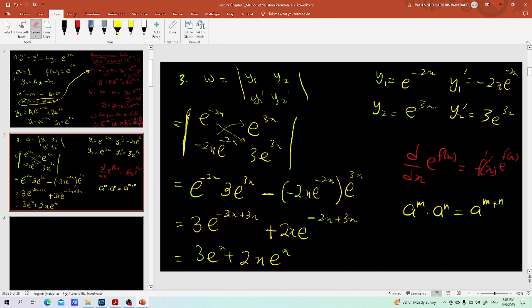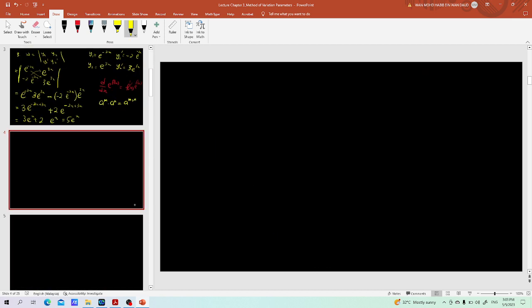Here I made a mistake, no x here, because I differentiated here. So there is no x. So we will have 5e^x.